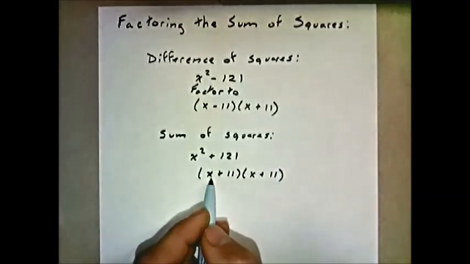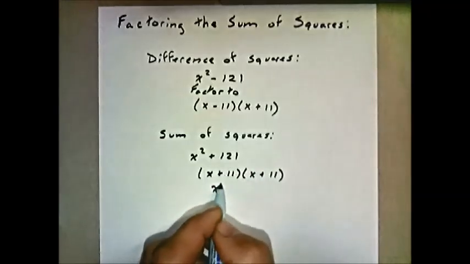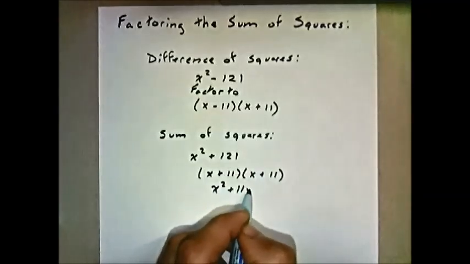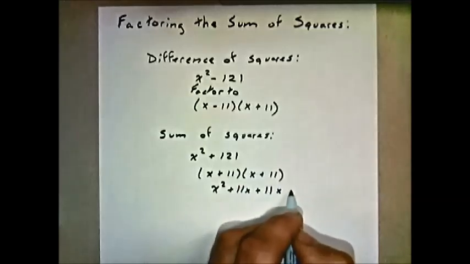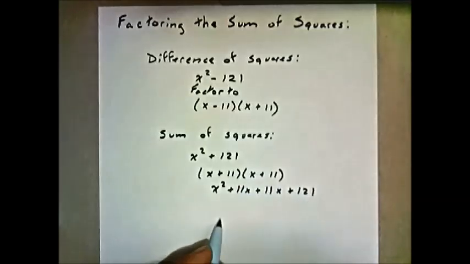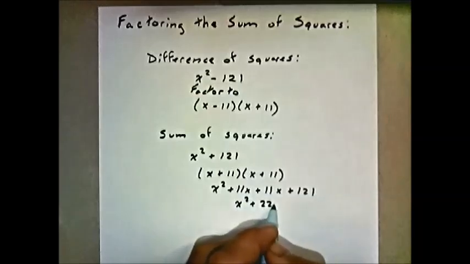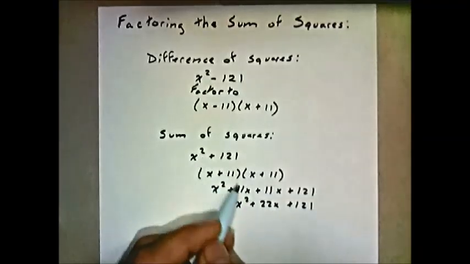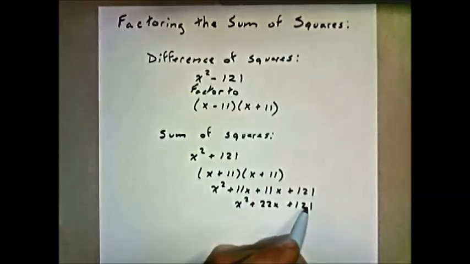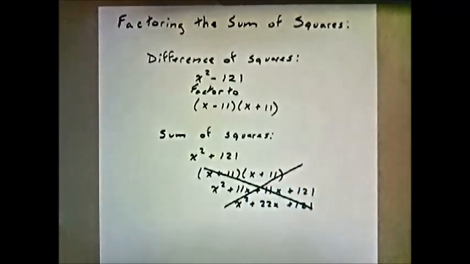But if we were to check our work and multiply the x through, we would end up with x squared plus 11x, multiplying the 11 through, so plus 11x plus 121. Simplifying, we would see x squared plus 22x plus 121. Notice we don't end up with what we started with. So this is actually an incorrect factorization.